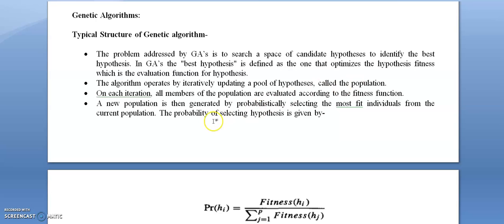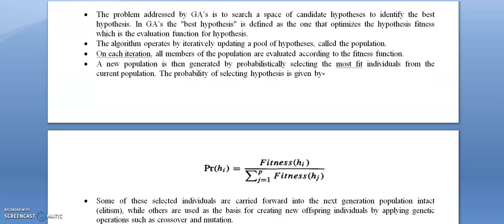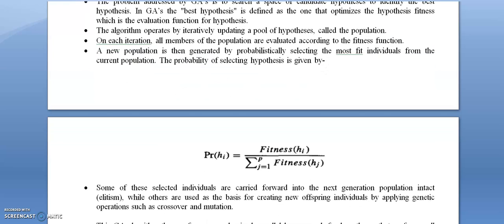Now a new population is generated by probabilistically selecting the most fit individuals, and once the most fit individuals are selected from the current population, then we will apply operators like crossover and mutation, and then we can get the best possible solutions or hypotheses for the new population.